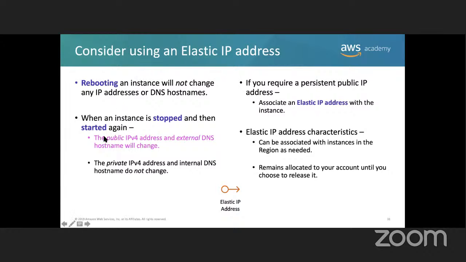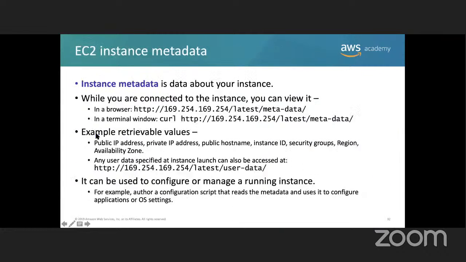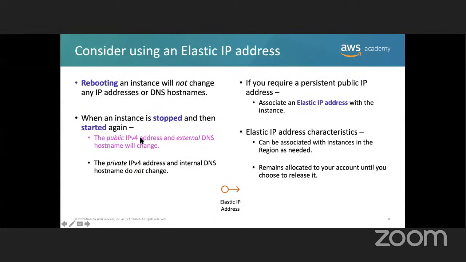So it's like it says here, when you stop an instance and then start it again, the public IP address and external DNS hostname will change. DNS name, everything. So it's going to be a little hard for people to find you, but the private IP address and the internal DNS hostname do not change, but the public ones do. So it's better to use an elastic IP, so it's always found.